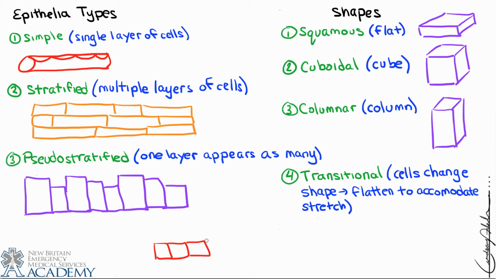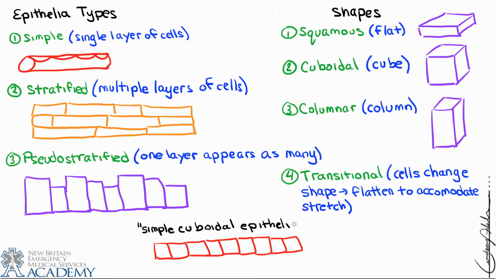When we think about naming a particular type of epithelial tissue, we use a type and a shape to describe it. So we could say simple cuboidal epithelium, or we could say pseudo-stratified columnar epithelium. We'll pick a word from the left and a word from the right and put them together. If we're looking at stratified epithelium, then we would name it according to whichever type of cell is on the top.